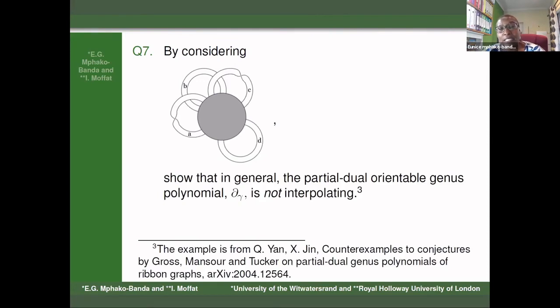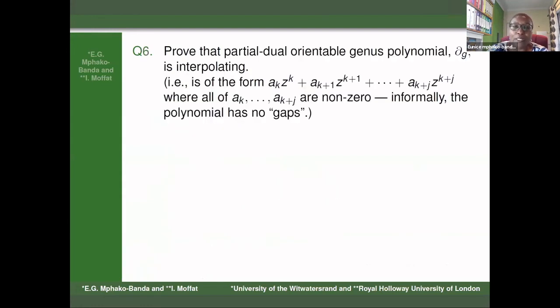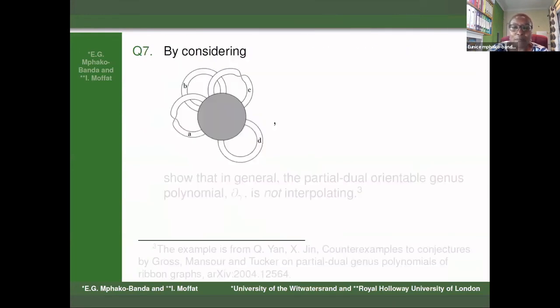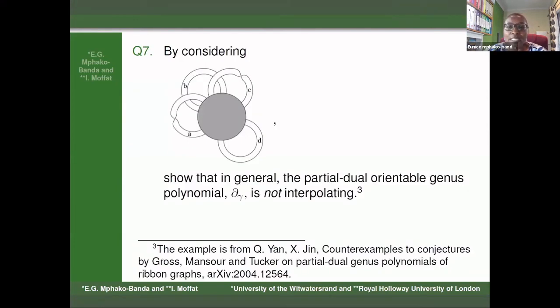Can you show that in general, the partial dual orientable genus polynomial is not interpolating? The previous question was proving that the partial dual genus polynomial is interpolating. But for this graph, show that in general, it is not interpolating.